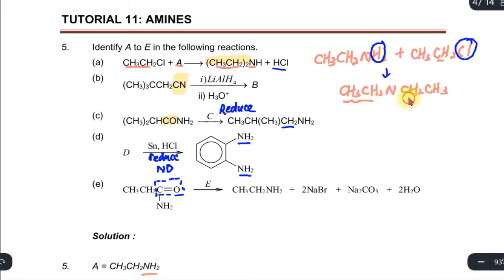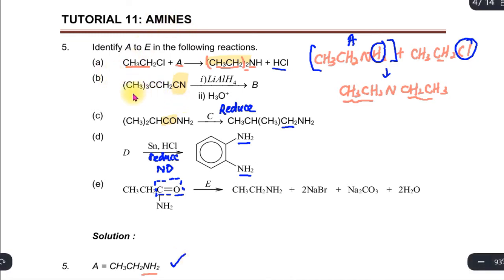Since this is ethyl, I can bracket it as CH3CH2, there are two ethyl groups. So the answer for compound A is this one. This is the answer for compound A, ethanamine.